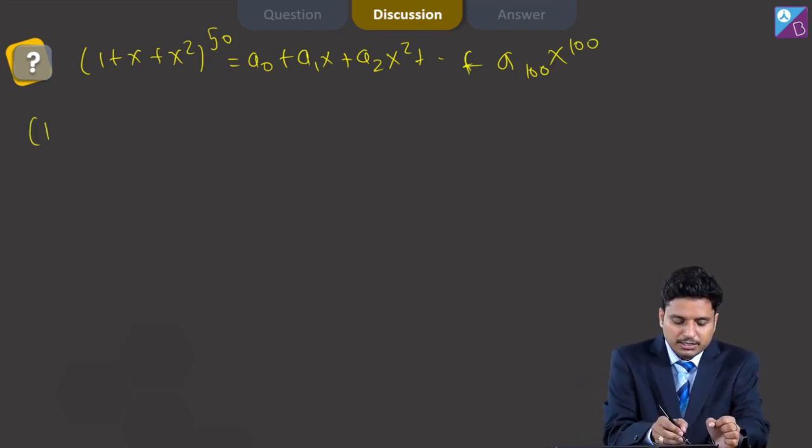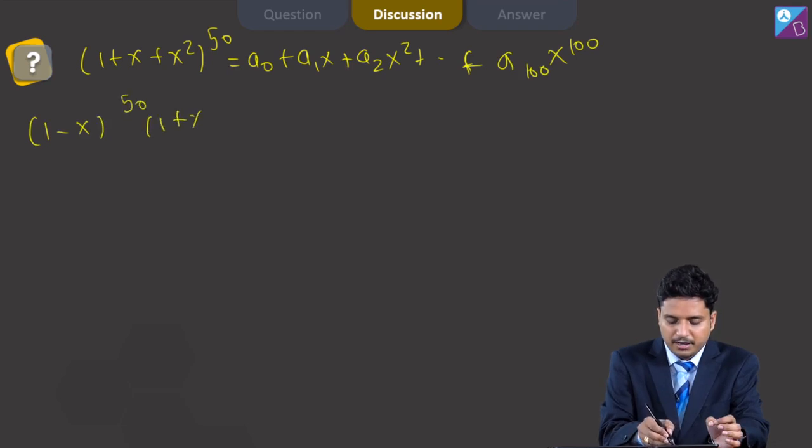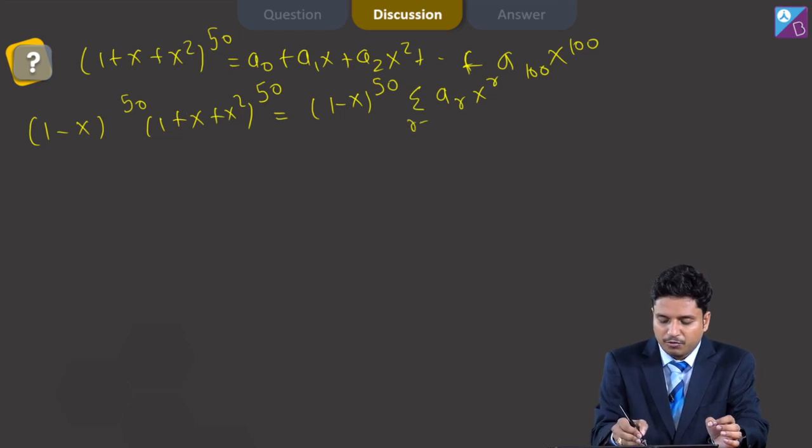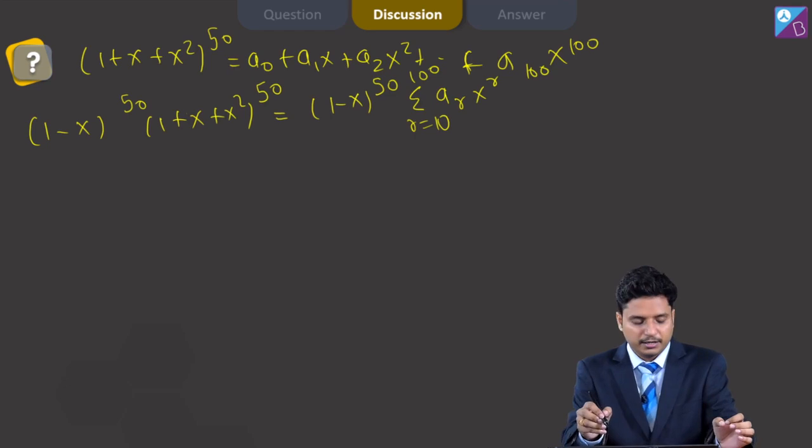Now, multiplying by (1 minus x) raised to power 50, the left side becomes (1 minus x) raised to power 50 into (1 plus x square) raised to power 50, and the right side is (1 minus x) raised to power 50 into summation over ar x raised to power r, where r is varying from 0 to 100.